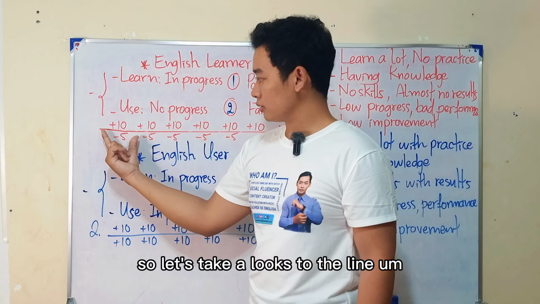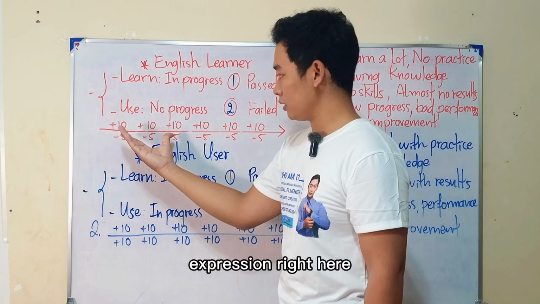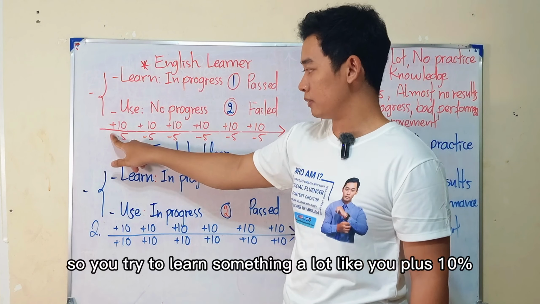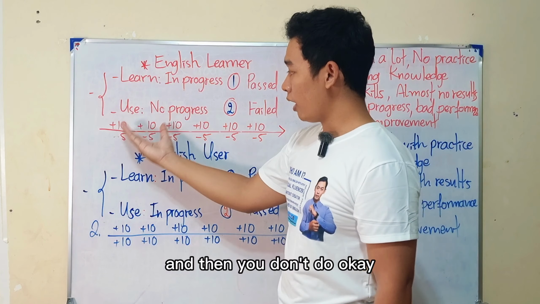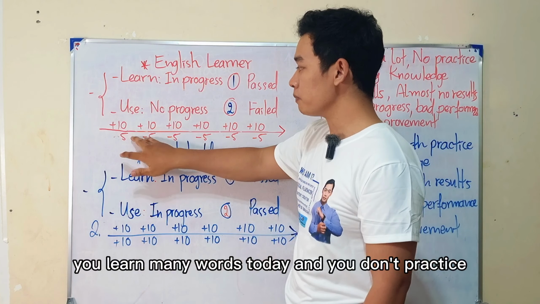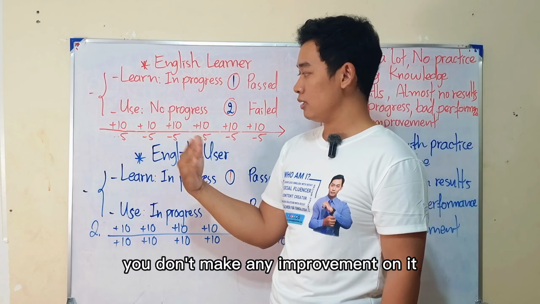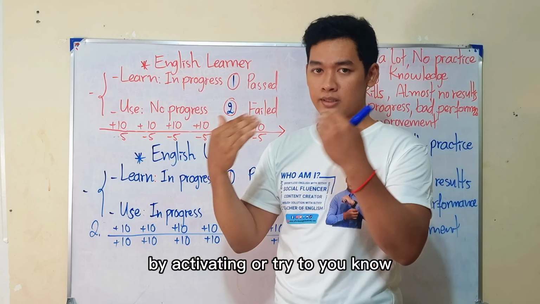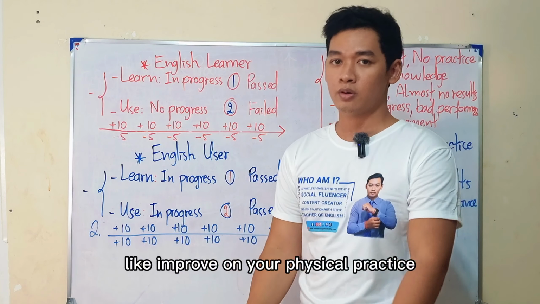So let's take a look at the line expression right here. You try to learn something a lot, like you plus 10%, and then you don't do it, okay? You learn many words today and then you don't practice. You don't make any improvement by activating or improving your physical practice.